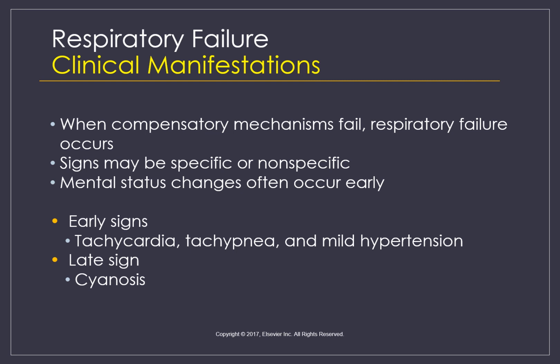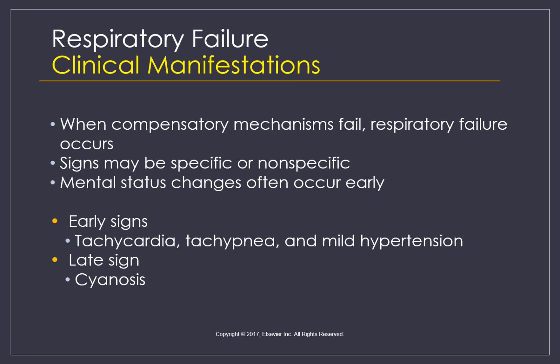Okay, so I talked about how it's really easy for the respiratory system to compensate for changes in ABGs. If it's compensating for a period of time and that starts to fail, then we start seeing respiratory failure occurring. ABG results are obtained if we see mental status changes such as restlessness, agitation, anxiety, perhaps some combative behavior.